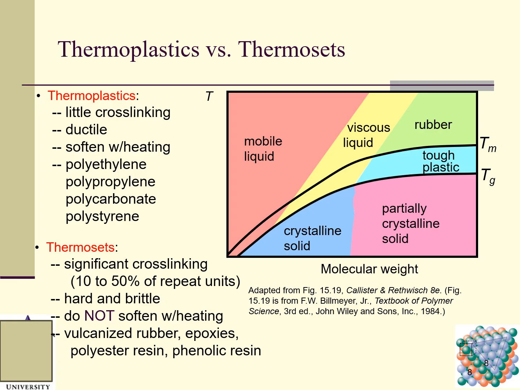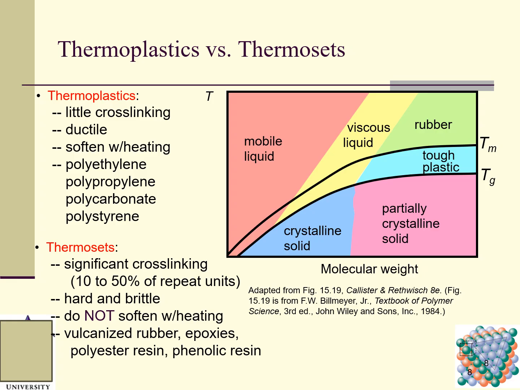So these are thermosets. So here is the molecular weight, and this is the temperature. Tg is the glass transition temperature, and Tm is the melting temperature. So this is a mobile liquid, viscous liquid, rubber. So this is a thermoplastic.